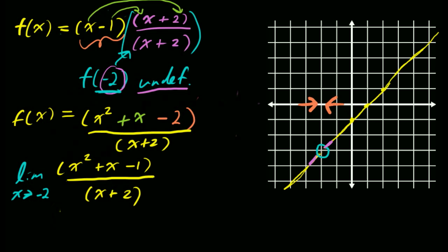And we can see by the graph right here that our function is going to approach minus 3 right there. So we can already tell what the answer is going to be. Let me show you analytically how we would go about solving this problem.